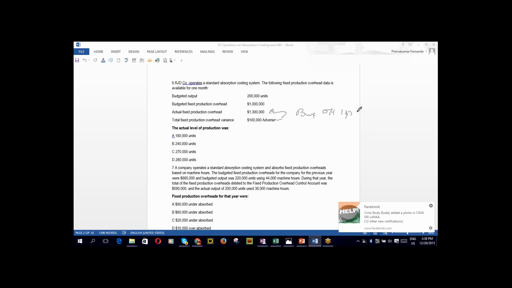Remember your overhead absorption rate is always calculated based on budgeted production.